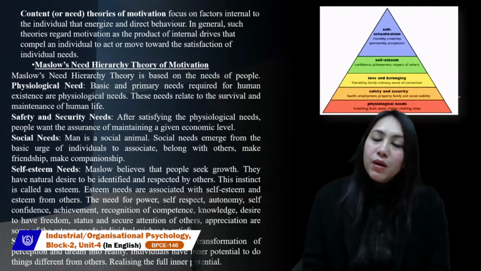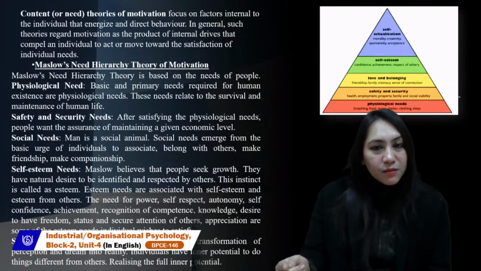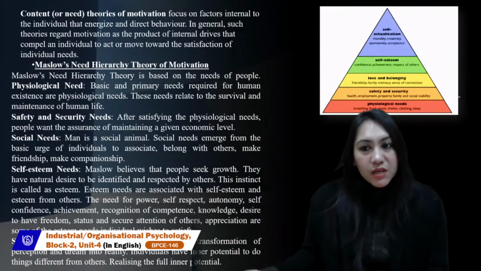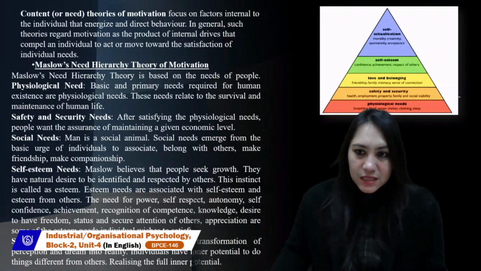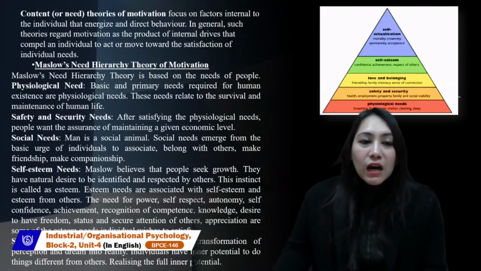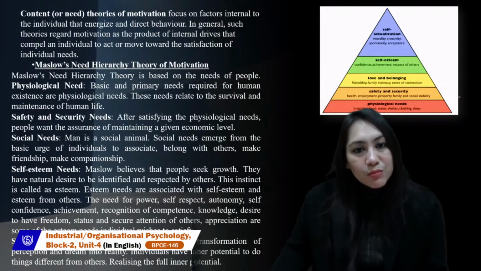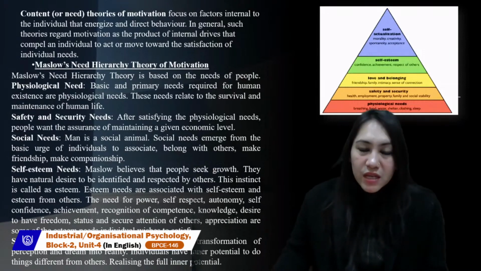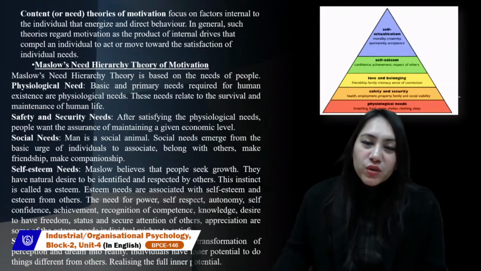The first need is called the physiological need. Do you see the pyramid here? The first needs in the pyramid are the physiological needs. Physiological needs are primary needs, like primary motives: hunger, thirst, shelter, clothing, sleep, food, something that you cannot survive without. It's basic to survival and universal to all.